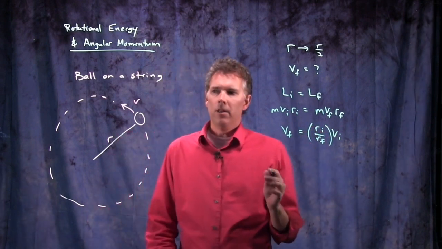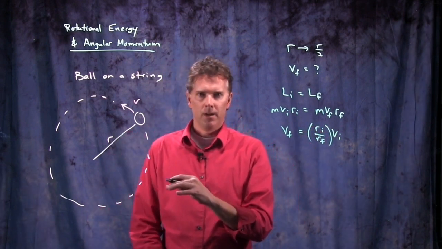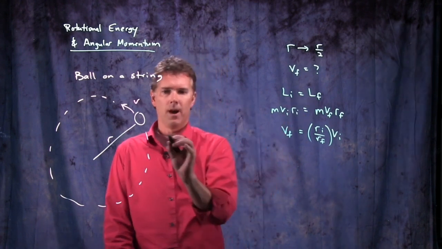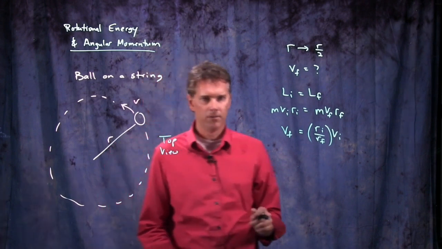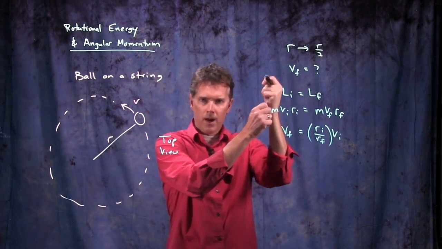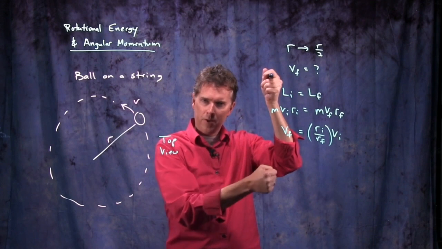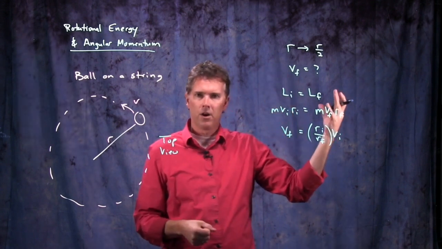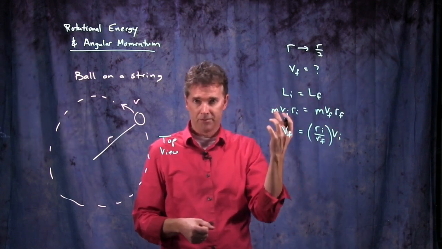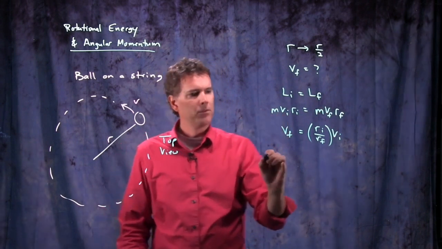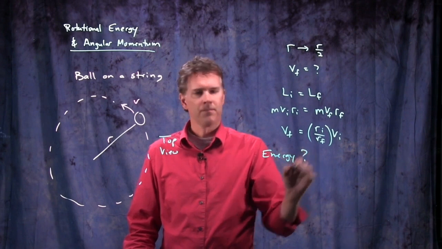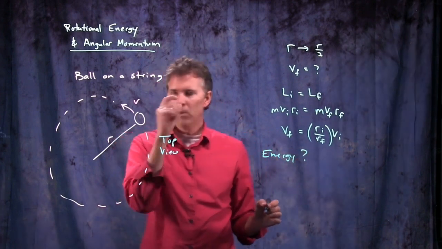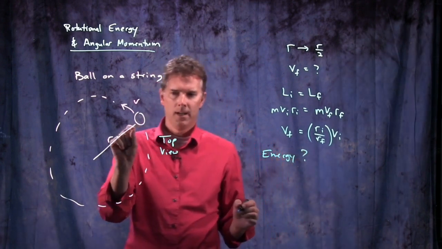So what about the energy, right? If you're swinging this ball around, and this is the top view, so we're swinging it in a horizontal circle. If you swing the ball around and now you pull down on the string, the ball starts spinning faster and faster. What happens to the energy? Well, we know what energy is, right?